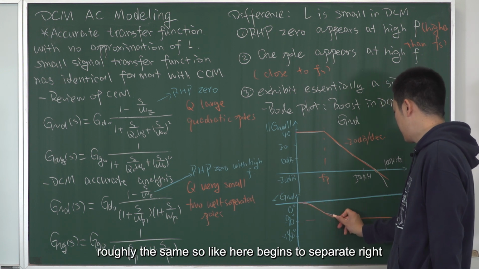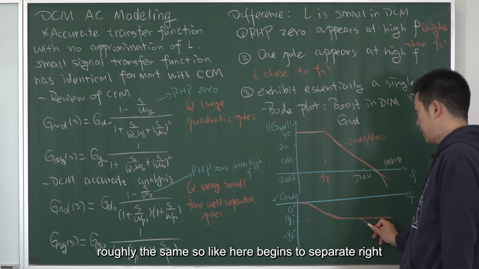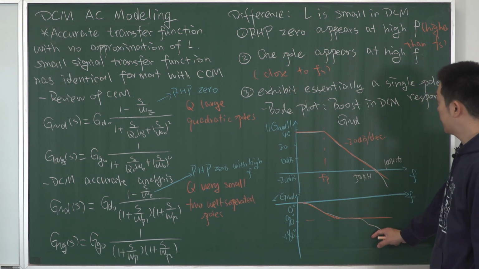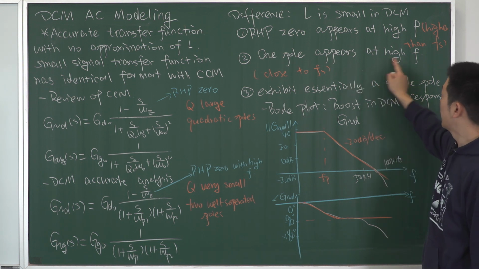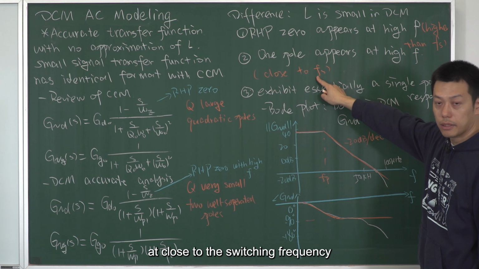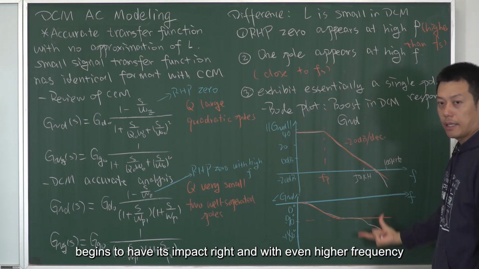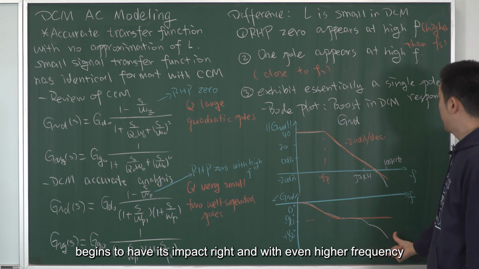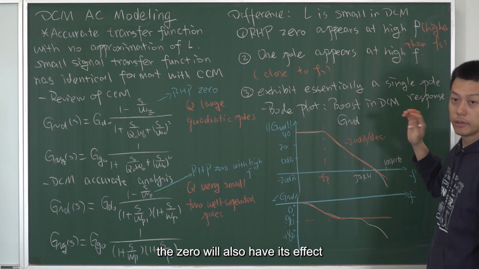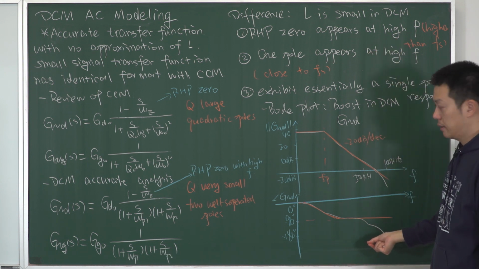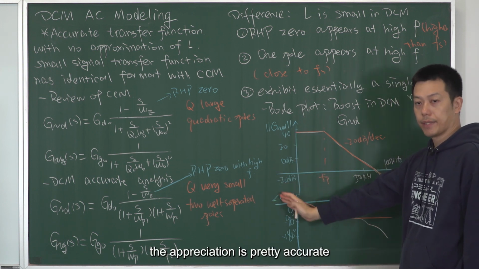Here it begins to separate, like the second pole close to the switching frequency begins to have its impact. And at even higher frequency, the 0 will also have its effect. But overall, for the low frequency range, the approximation is pretty accurate.